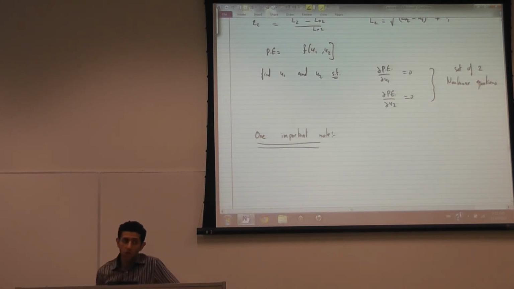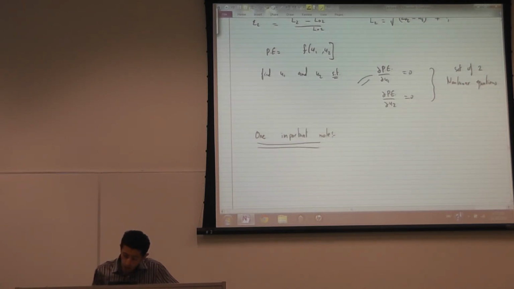We started with the potential energy and obtained partial potential energy with respect to U1 equals 0 and partial potential energy with respect to U2 equals 0. But you could have started by saying the sum of forces in the horizontal direction equals 0 and the sum of forces in the vertical direction equals 0. And the equations that you obtain will be exactly those two equations.